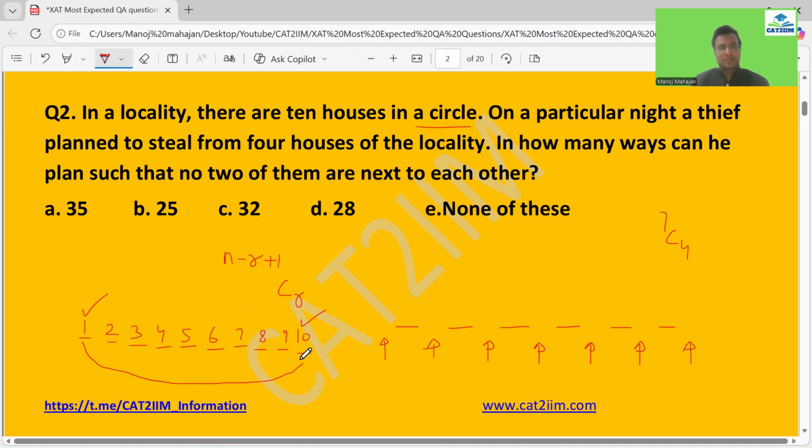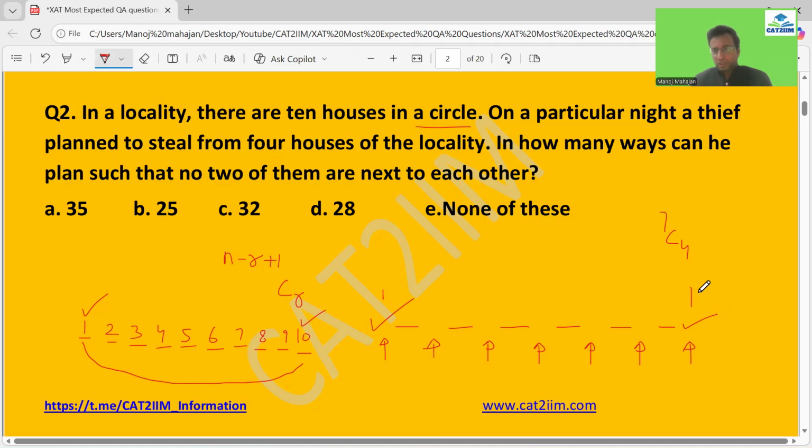So I need to subtract the cases where these 2 houses are surely picked in these 4 houses. Let's say you picked up house number 1 and the last one also. So 2 houses out of 4 we are fixing over here.